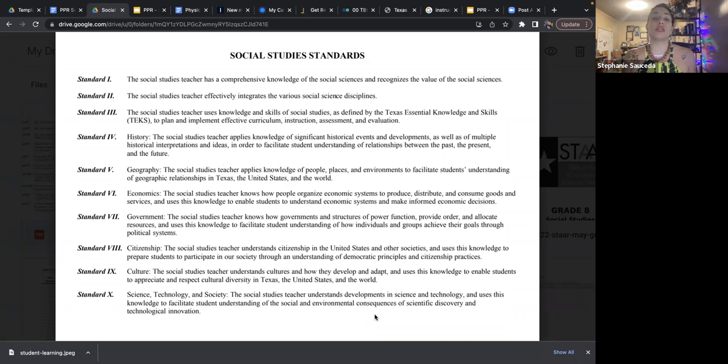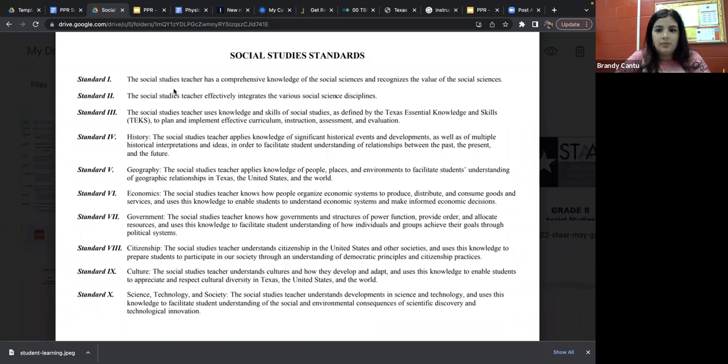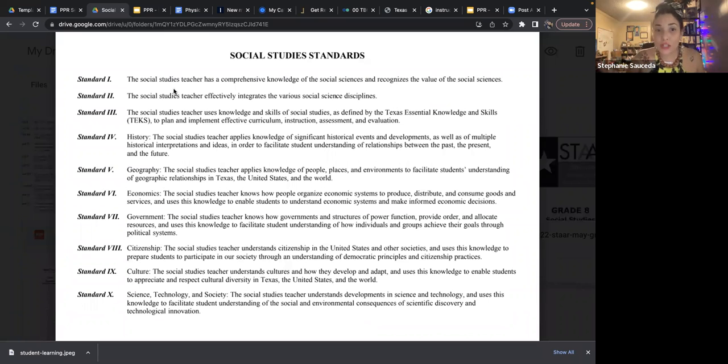With many of the things that I had to learn, I would rewrite them in my own words. So each one of these standards, you should be able to paraphrase, so that you could say to yourself, standard 1 is mostly about this, standard 5 is mostly about geography: Texas, the United States, the world.